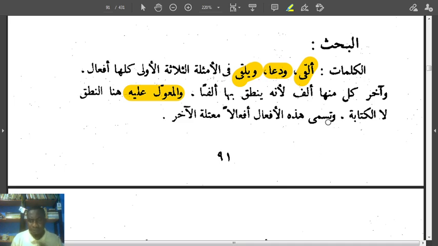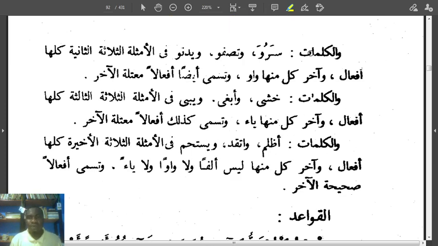It says وَتُسَمَّى هذه الأفعال أفعالا معتلة الآخر. These verbs are called weak ending verbs. أفعال معتلة الآخر, weak ending verbs.